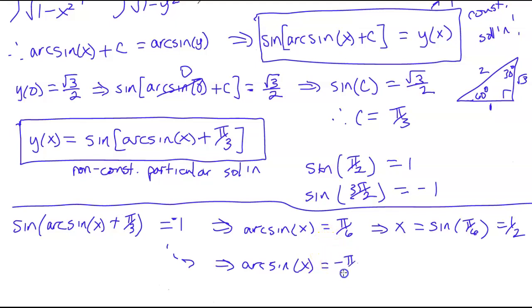We could say that is this. And of course, if we did the sine on both sides, you would have this situation here. And of course, since sine is an odd function, you can put the sign on the outside, and this would end up being a negative 1/2. Okay.